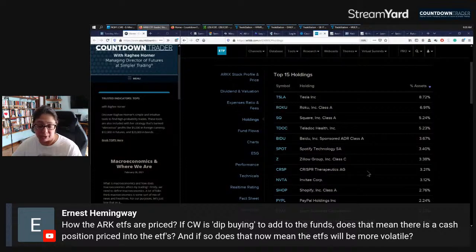I think her ETF is volatile according to the positions that she holds, the largest one being Tesla, and that's going to certainly create the volatility. I don't know the cash position, and maybe I'm misunderstanding the question, so my apologies. But I think her actual stock holdings are what are going to create the volatility in the underlying ETF. So thanks for the question.